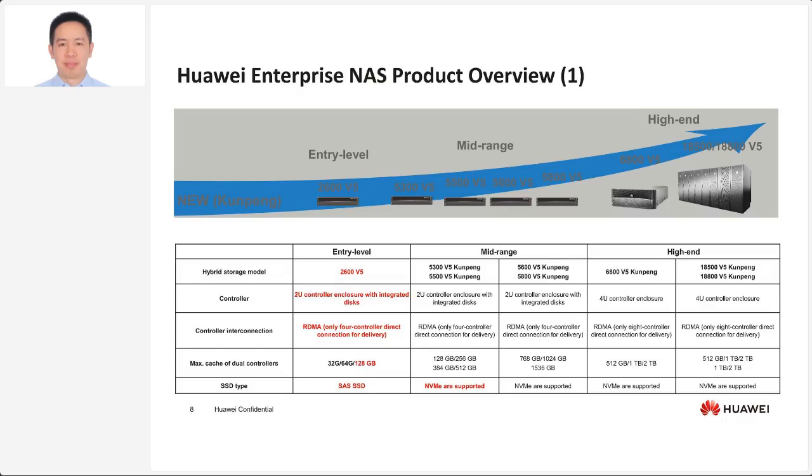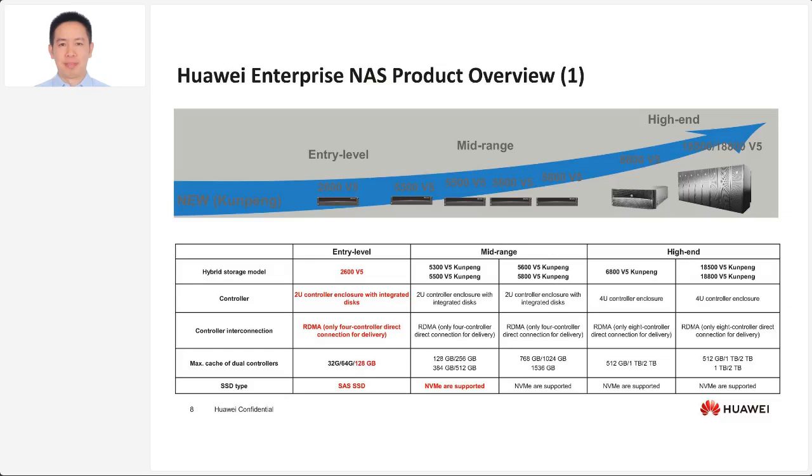You could see from the slide, you have different model numbers. For example, we have entry level 2600 V5, and the mid-range from 5300 to 5800, including 5500.